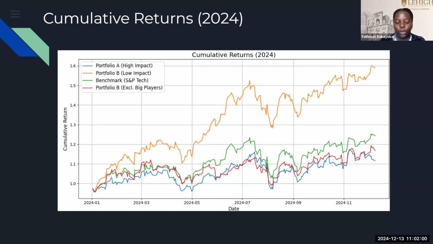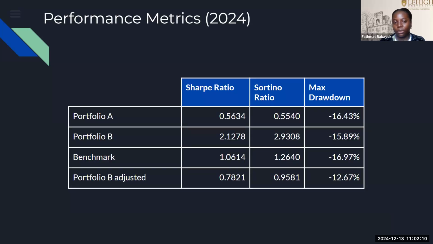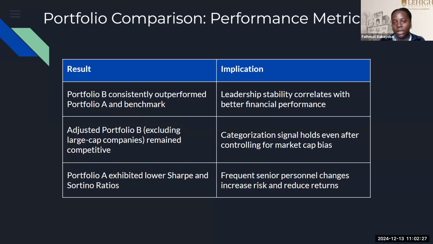From that, we can conclude that senior personnel change is a signal that can be used in a real-world strategy. Here are the Sharpe ratio, Sortino ratio, as well as maximum drawdown. And as you can see, portfolio B and portfolio B without the big players always outperform the portfolio that has more than average senior personnel changes.